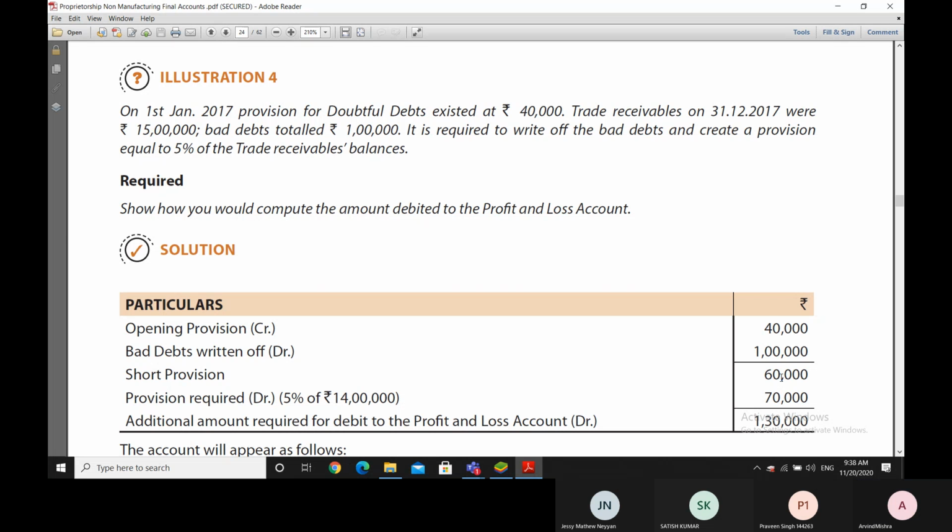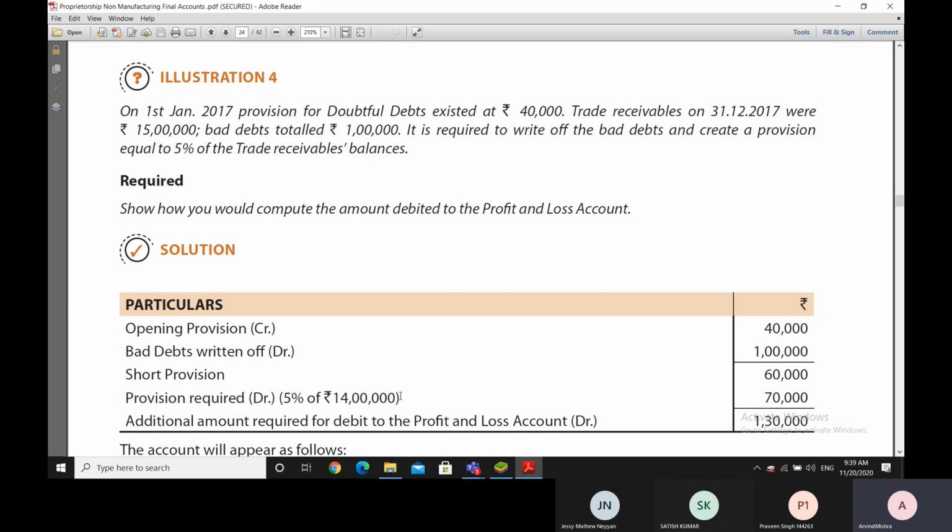However, the provision that is required is 5% of 14 lakh, because 15 lakh were the trade receivables, but bad debts were 1 lakh. So net trade receivables are now 15 minus 1, which is 14 lakh rupees.